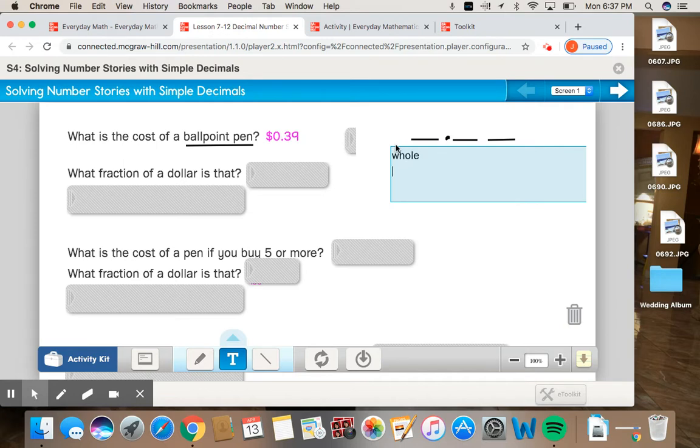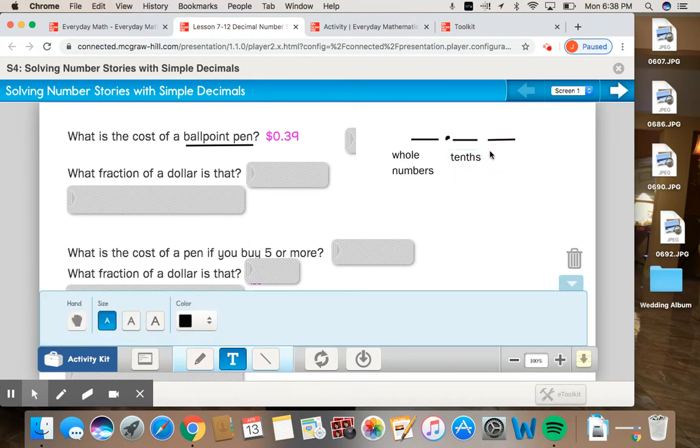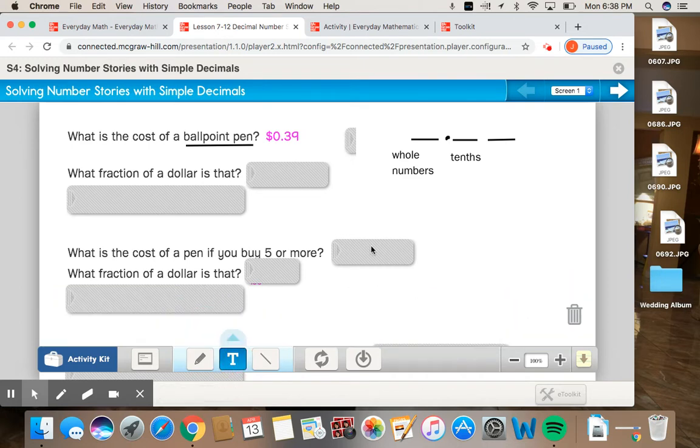Here's my whole numbers over here. And right here, I have my tenths. And right here, these are my hundredths. Oops, I guess it's putting it down there, but that's okay. Let's see if I can move that one around.